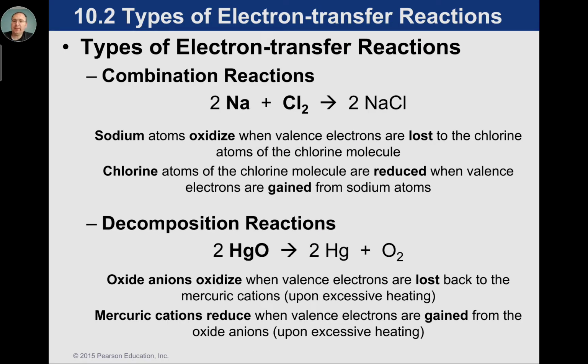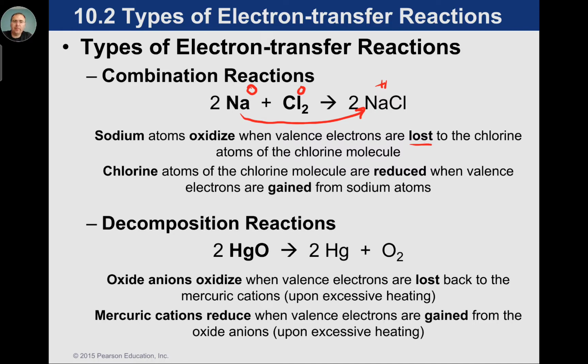So as we look at lots of different types of reactions that we've seen back as early as week 10, we've seen these really throughout the entire semester. We just haven't really identified much of what's going on. Notice here with sodium we have no charge. Chlorine we have no charge. But as sodium goes to Na plus 1, that's a loss of electrons.